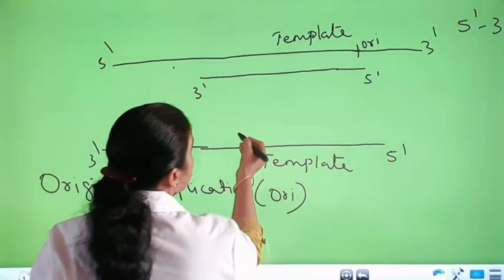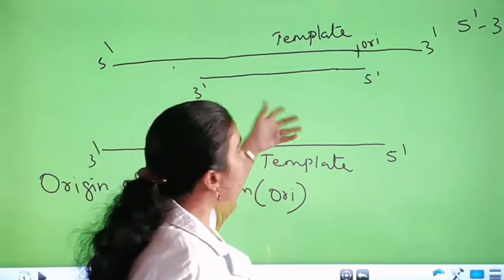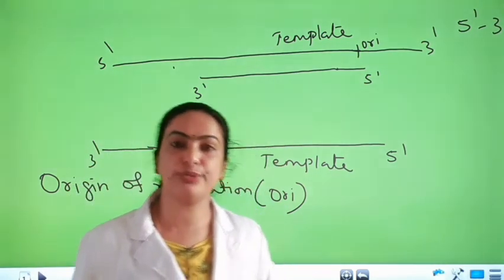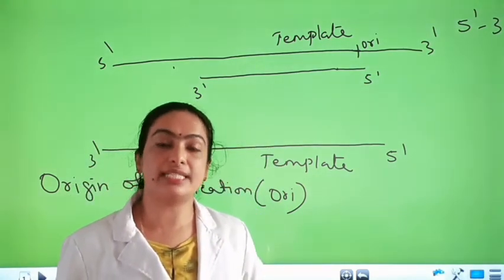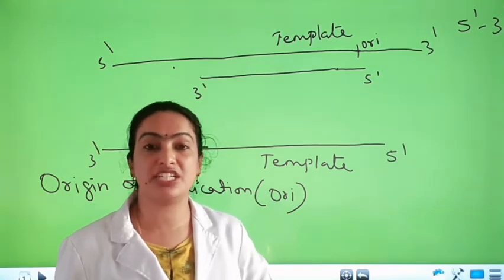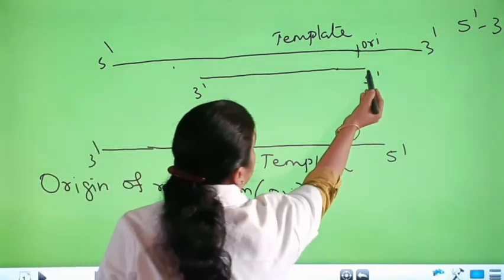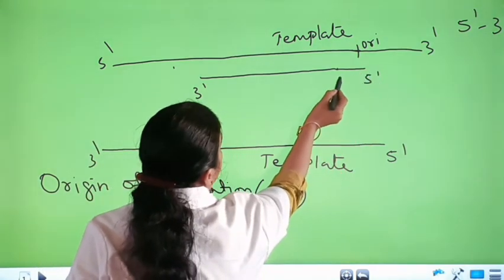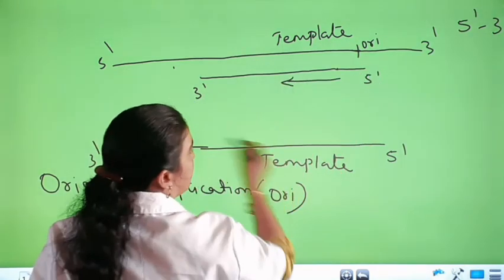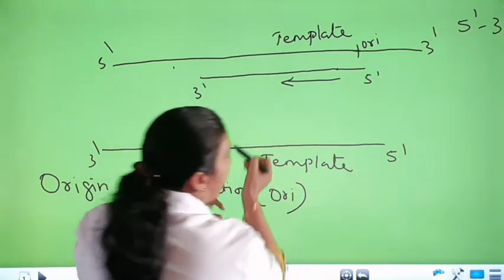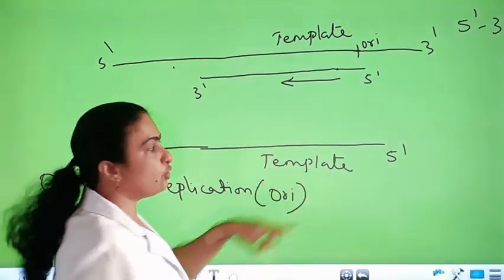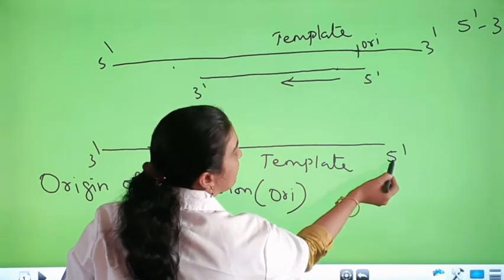So how does this template strand form a new strand? As I told you, the DNA polymerase enzyme can do the polymerization only in the 5' to 3' direction. So here, in this direction they can do the polymerization. Can it go the same direction on this template strand? No, because this is 5'.